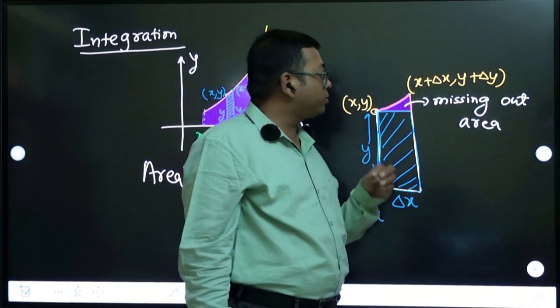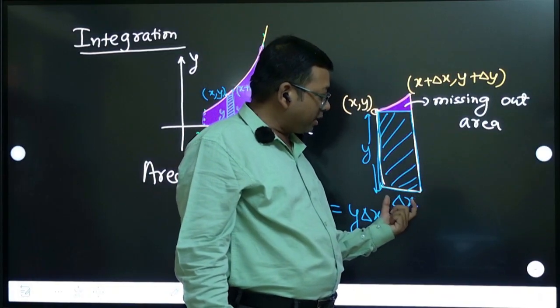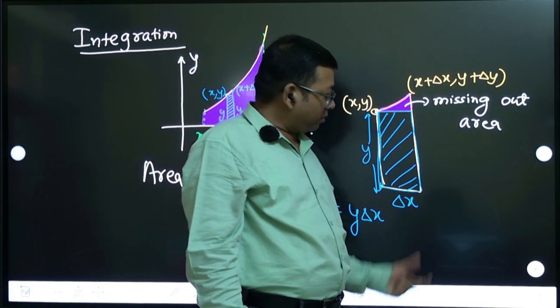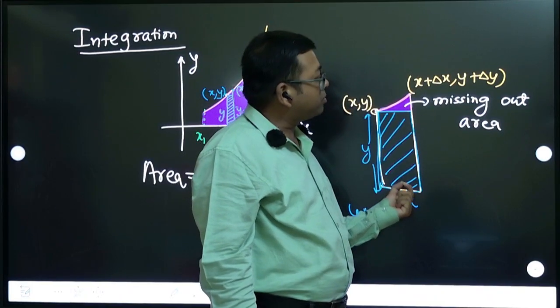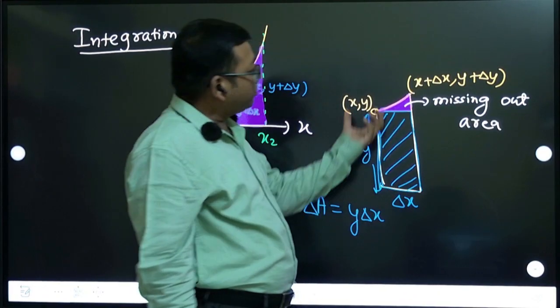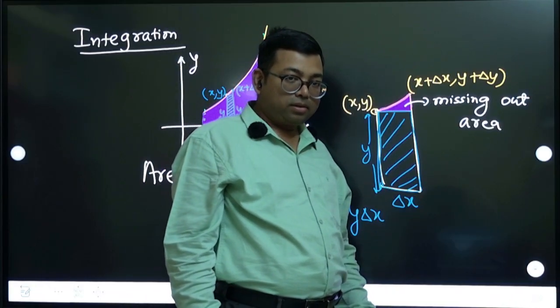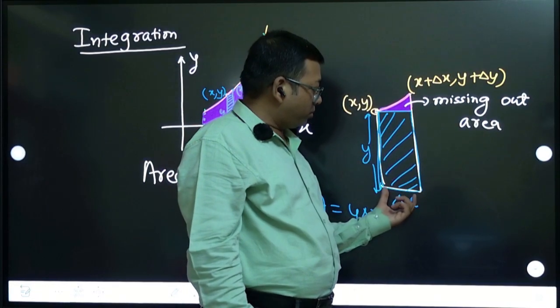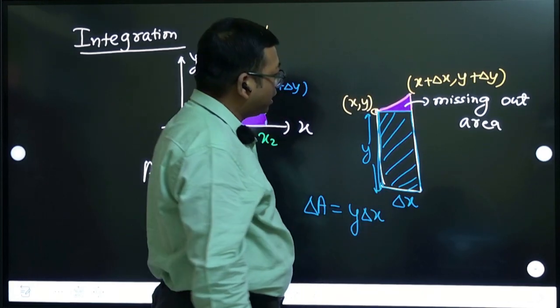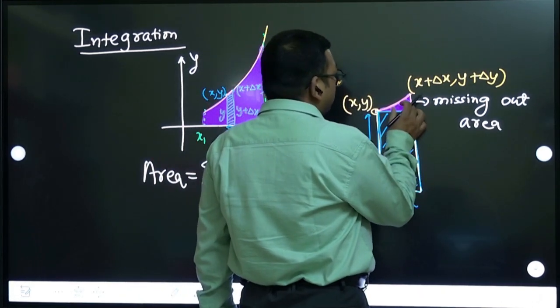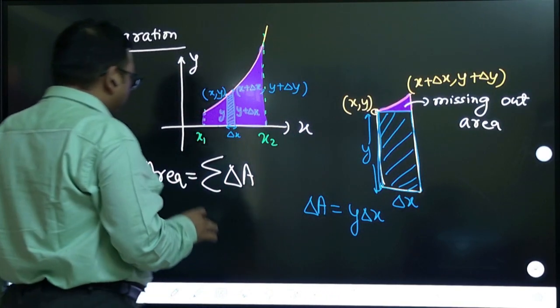So in order to do that, let us make this delta x very small. If you make delta x very small, then this area will come exact area, right? If you make delta x very small, this missing area will get reduced. So that is the idea.